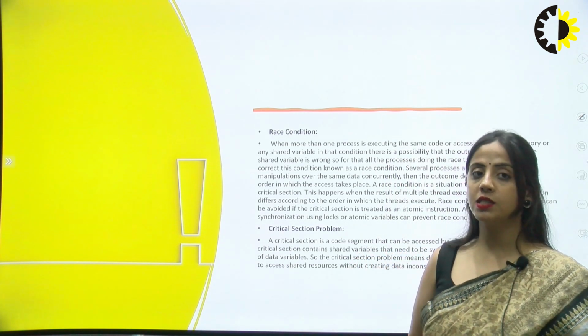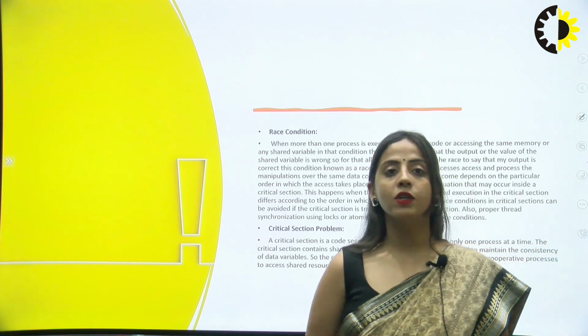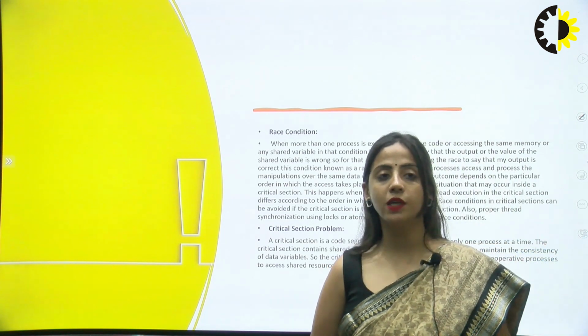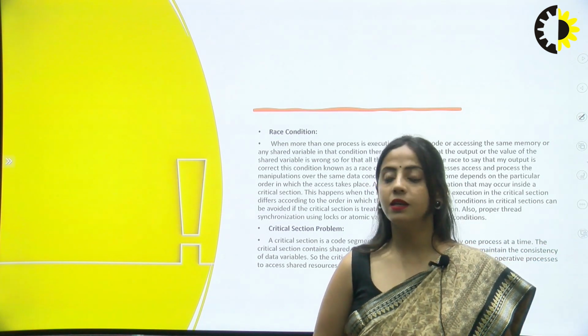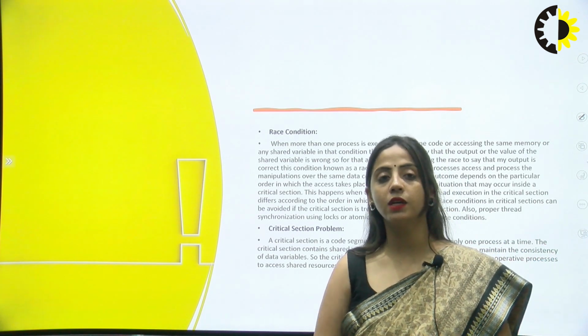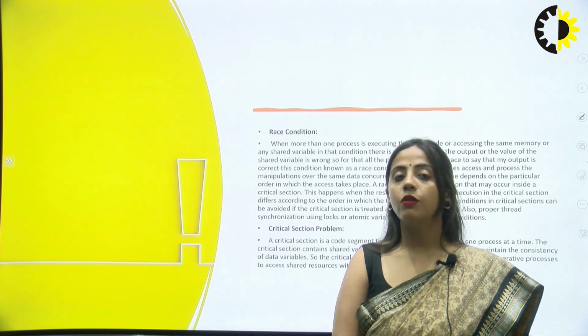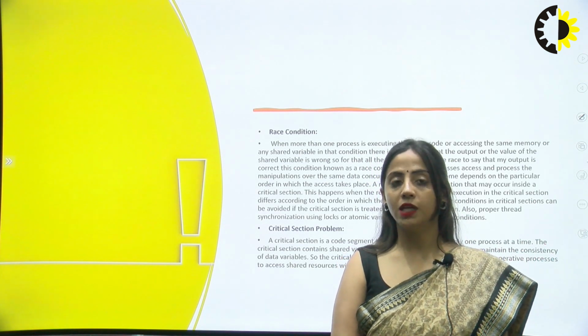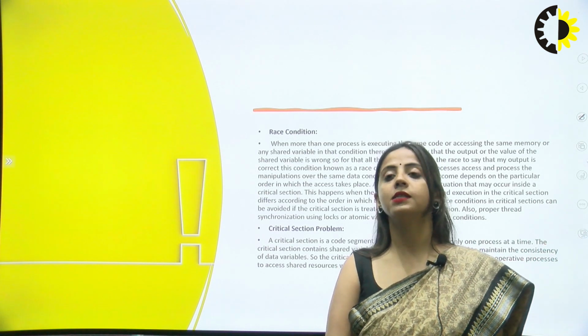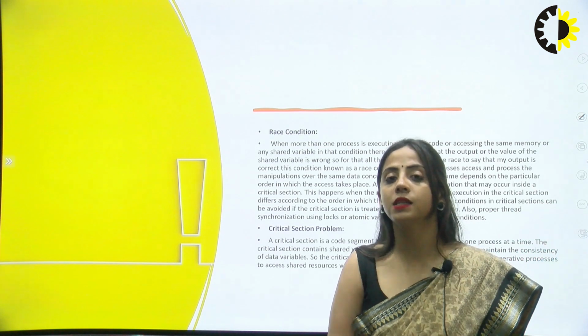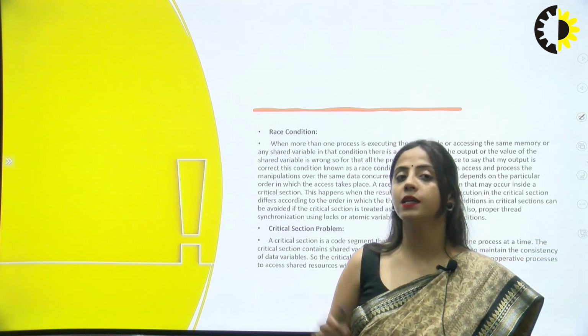A race condition is a situation that may occur inside a critical section. You all must be aware of the critical section. The critical section is that section of the code where all the shared variables are present. When manipulations are performed on the same shared data, it leads to a race condition because we get inconsistent output.